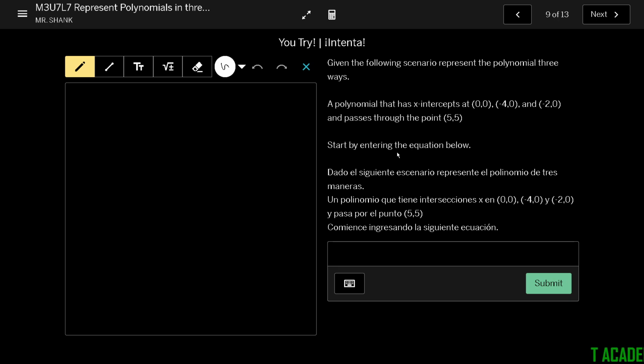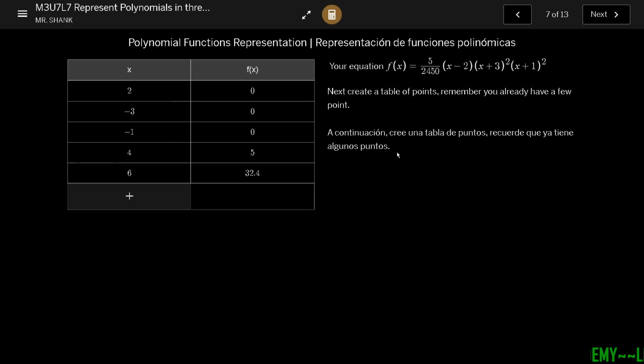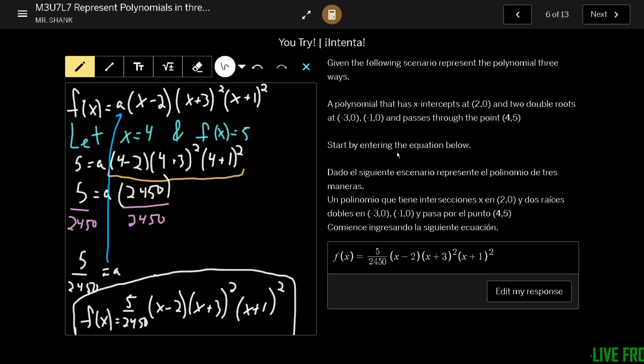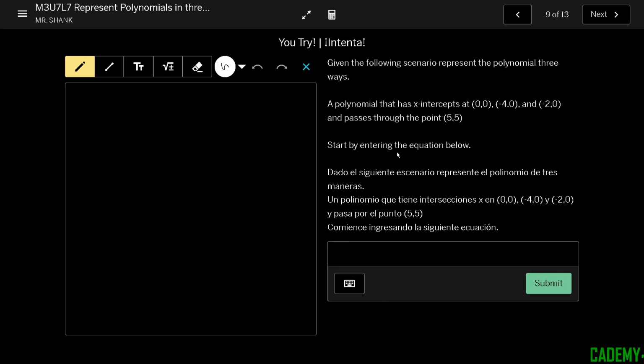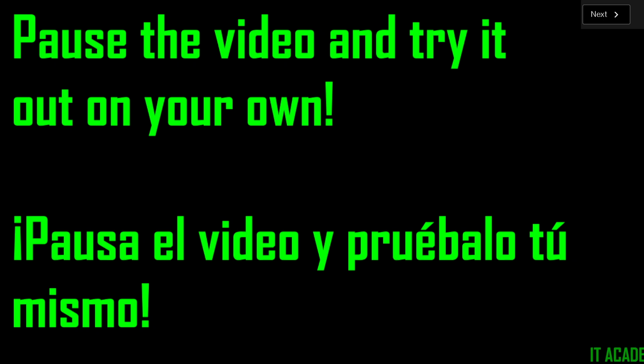I set up the last one, so if you need to go back and check those steps on how I get my setup, I would suggest going back and checking. You can always rewind and rewatch that part. But what I want you to do is try coming up with the equation for this situation. So please pause the video, try it out on your own.